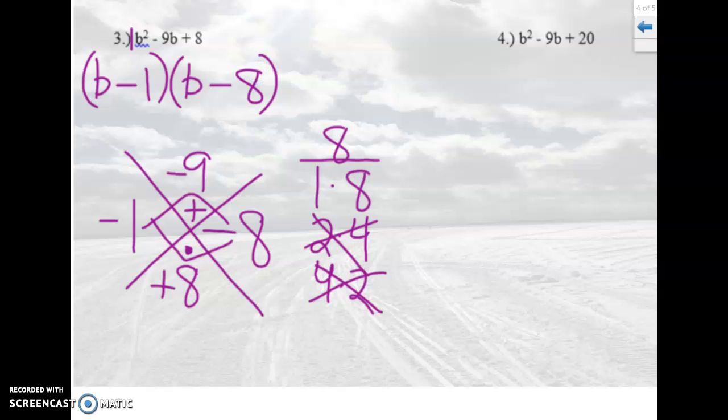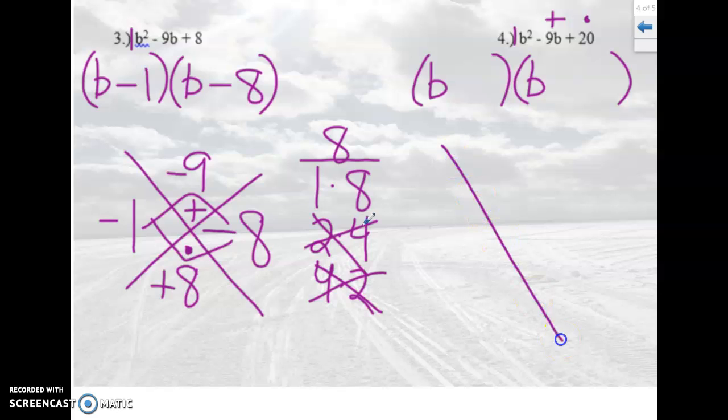And hopefully, as for the next one, it's a trinomial with a 1 in front of the b squared. So that means I can easily get this to 2 binomials. I'm going to go b here and b there. Now, I want to add to the middle term, multiply to the last number that has no variable.